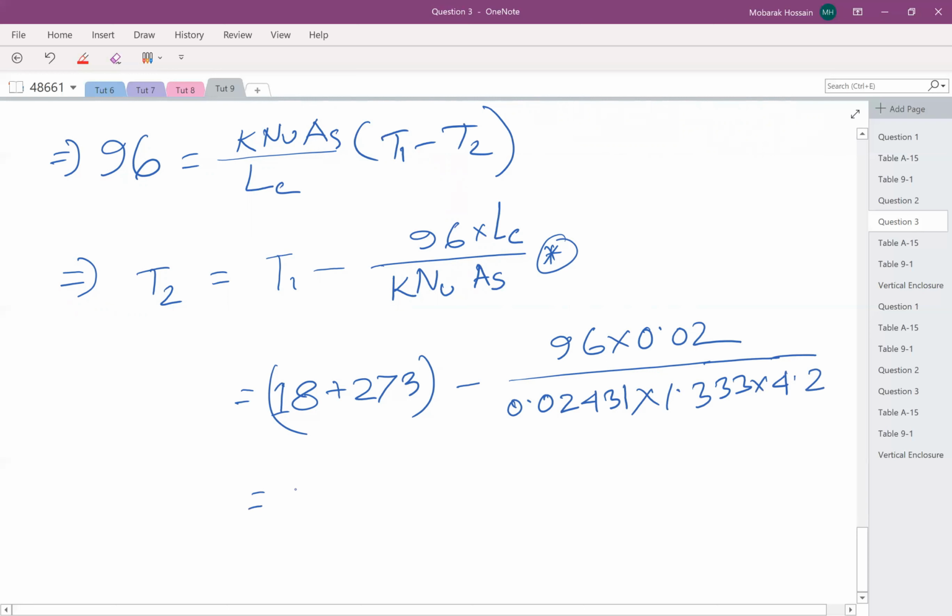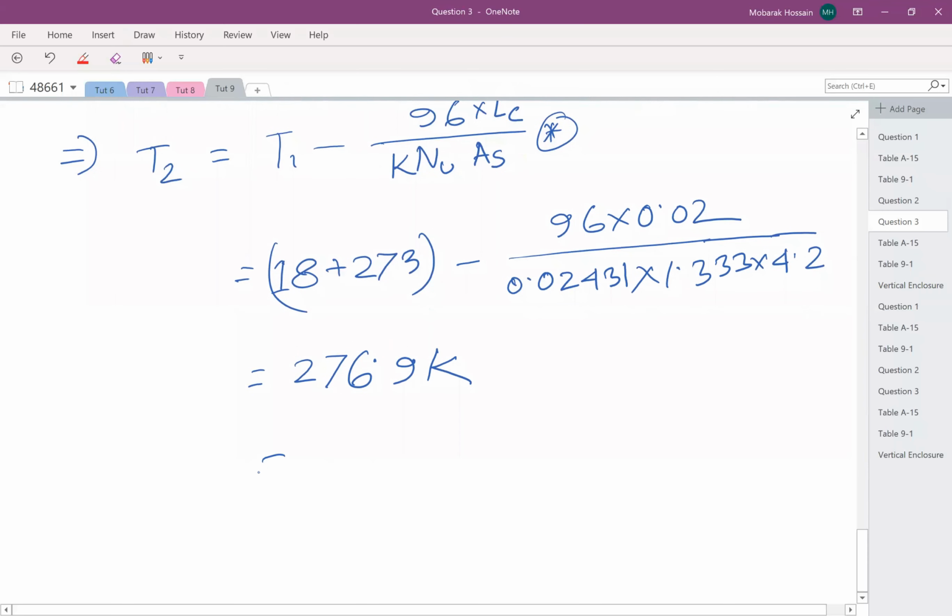So it will give us 276.9 Kelvin. Now if we convert to centigrade, minus 273, it will give us 3.9 degrees centigrade.